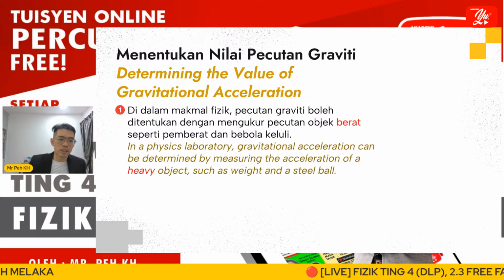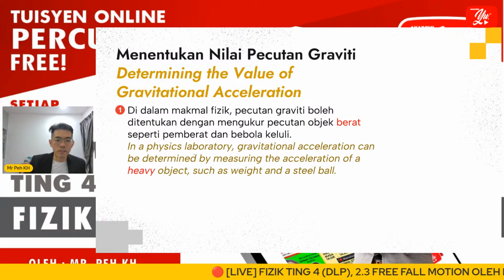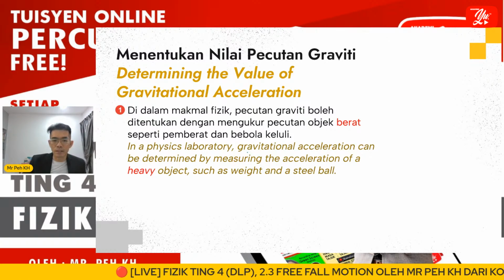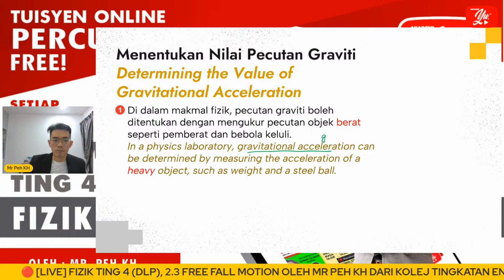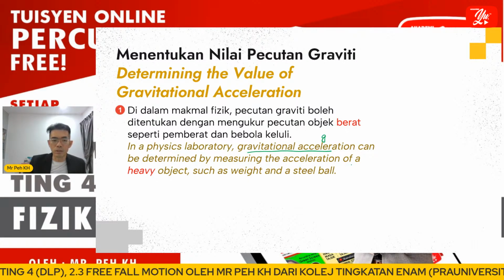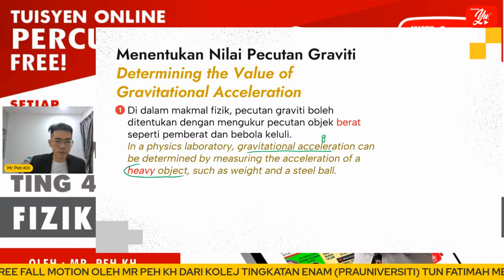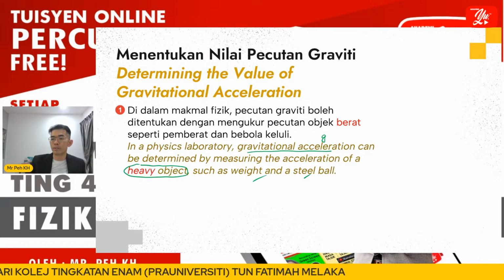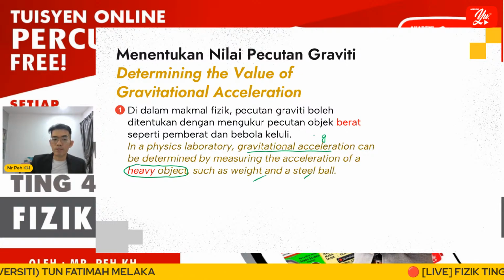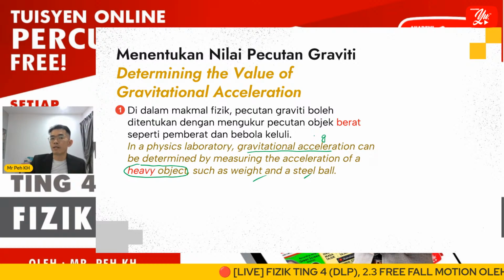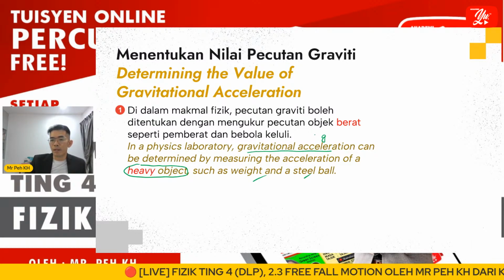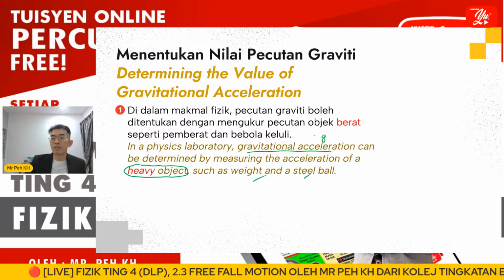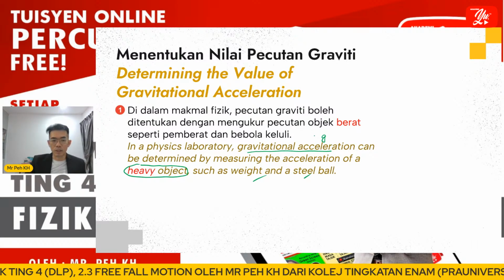First, in the physics laboratory, gravitational acceleration g can be determined by using the acceleration of a heavy object such as a weight or steel ball. From the slide just now we have gone through it: a heavy object, which has a higher weight, may reduce the significant impact of the air resistance on it.